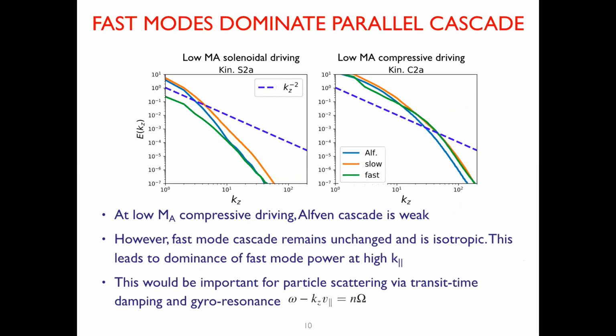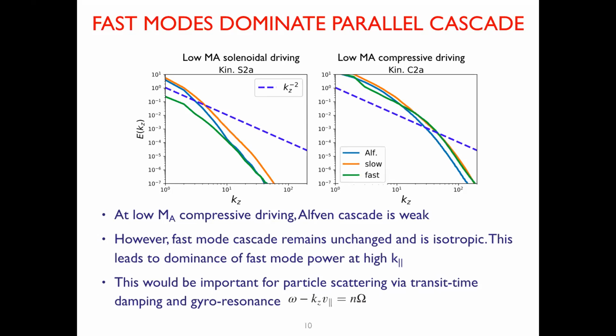Whereas because the fast mode is isotropic, the fast mode energy goes to higher Kz and its energy becomes more than the alpha mode. This was interesting for us because typically we always ignore the fast mode. But here it shows that in the case of weak alpha turbulence, you can have fast mode dominating at high K parallel.